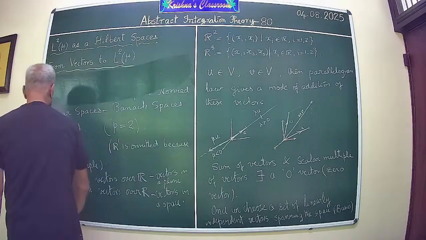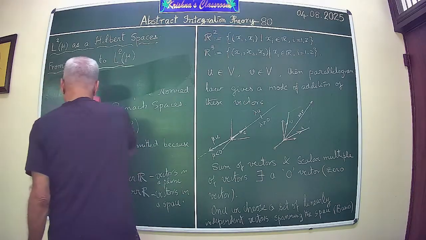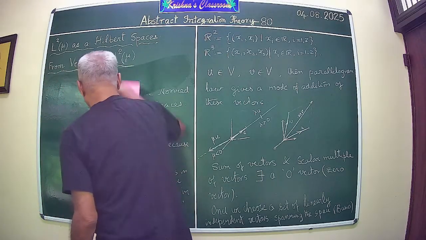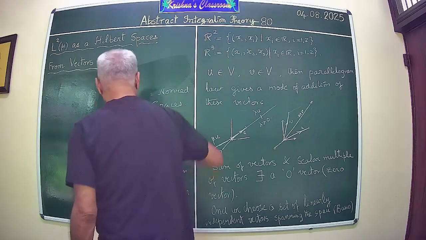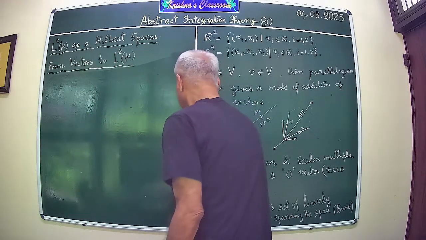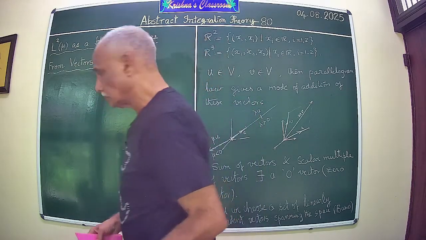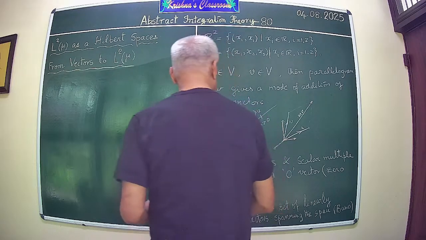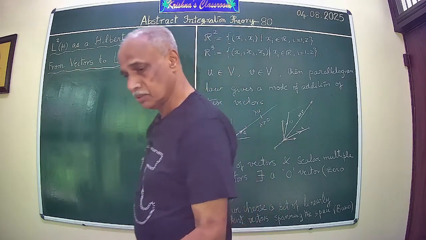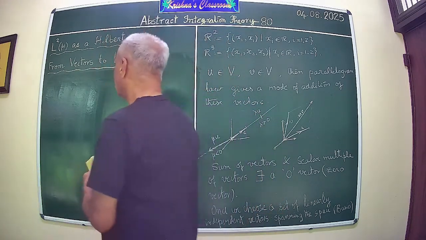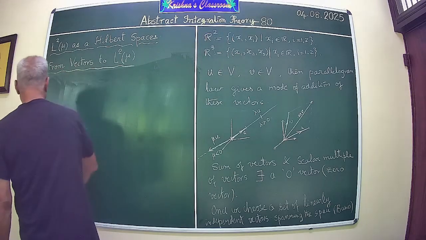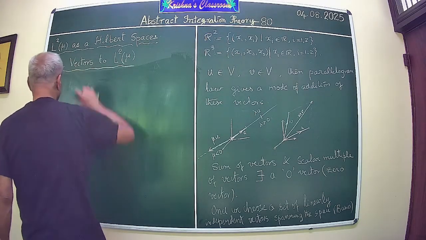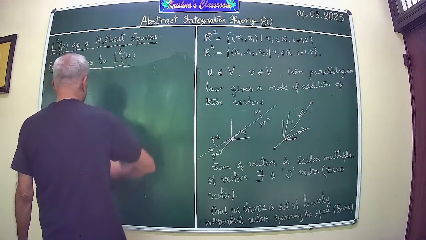The plane vectors, or R2, will be a manifestation of these plane vectors. Okay. So also R3 will be a manifestation of the vectors in space.